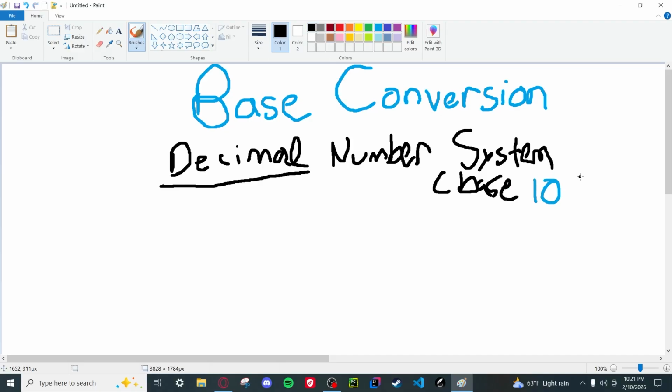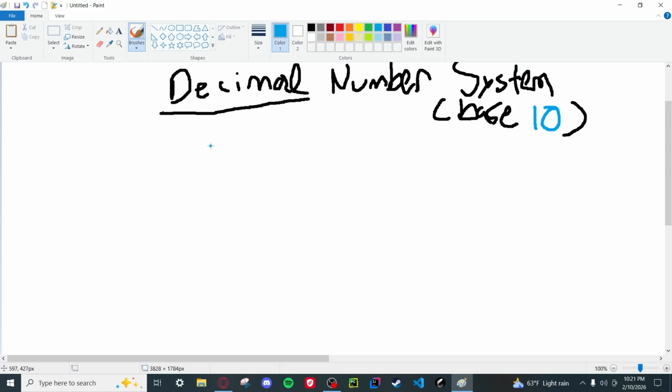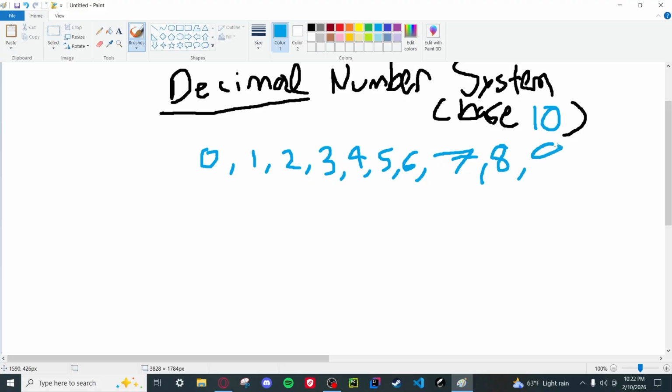Now, what is the decimal number system? Well, it's a number system that you use all the time. It contains 0, 1, 2, 3, 4, 5, 6, 7, 8, 9.